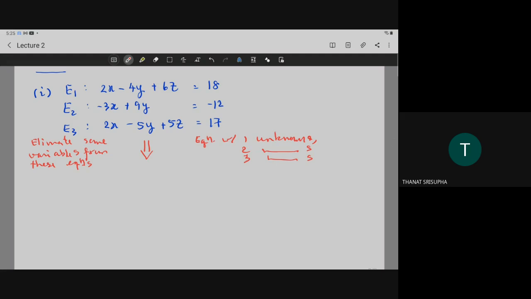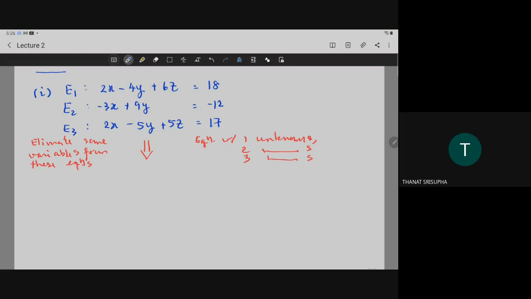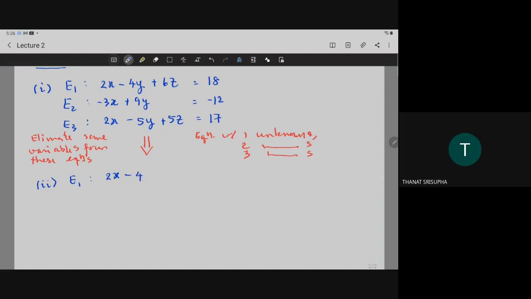Okay, so what do we do? Here we have three equations, and we need the equations with one unknown, two unknowns, and three unknowns. So just for an example, let me write it as step 2. I'm going to fix the first equation to have three unknowns, so it will be fixed as in step I. For equation 2, I'm trying to reduce the unknowns so that it has two unknowns.